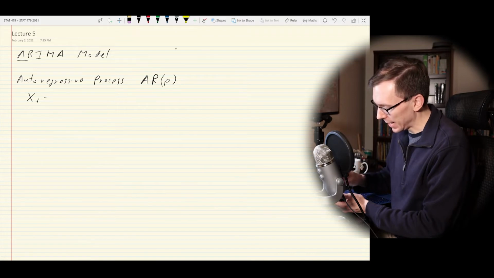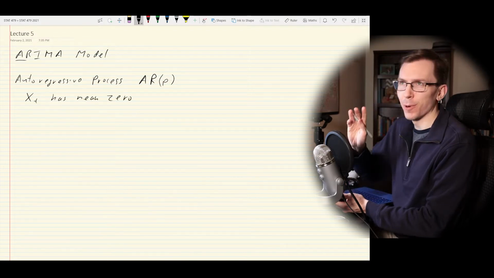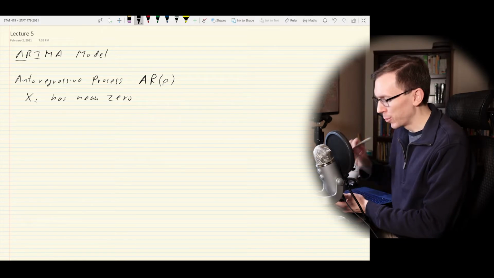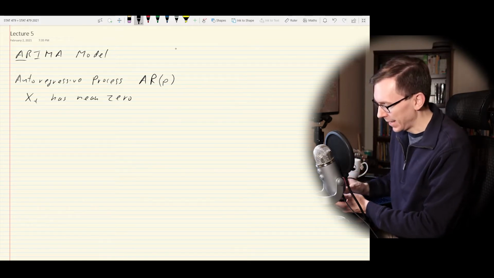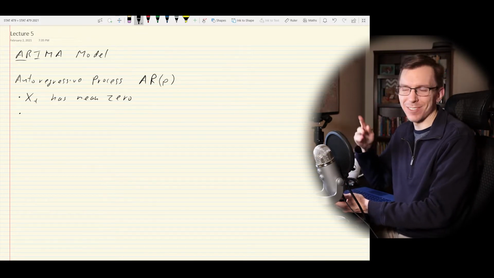We're going to say that X_t has mean 0. This is more for convenience's sake. It just makes it a little bit easier to assume the mean is 0, so we don't have an extra term flying around our equations, which gets annoying.